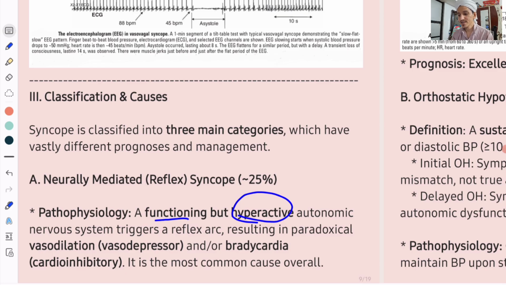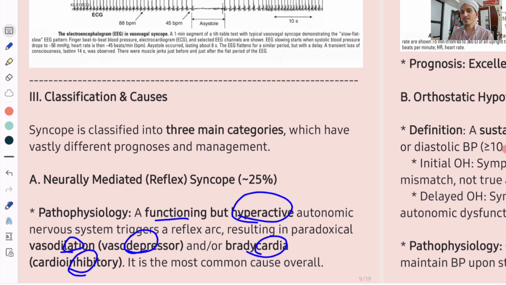So what happens is, to some external activity, there is paradoxical vasodilatation and bradycardia. Vasodepressor and cardio inhibitory response to some external trigger that should not trigger this neurally mediated syncope.